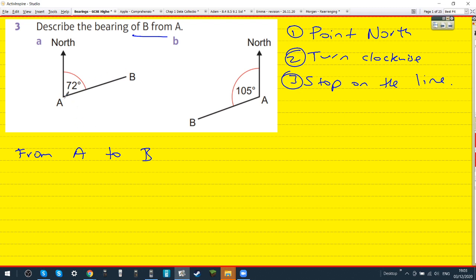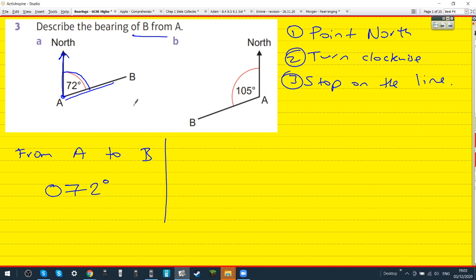So from A to B: at A, point north, turn clockwise, stop on the line B. What is the angle? 72 degrees. And so the bearing, believe it or not, is 072 degrees.